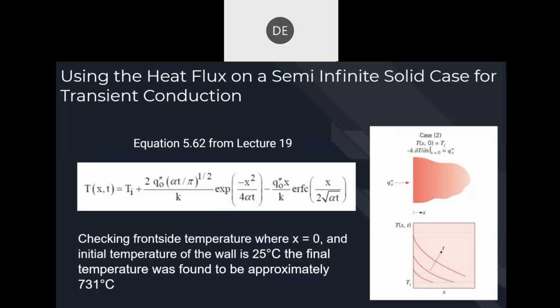Checking for the front side temperature, x becomes 0, so this simplifies the equation down, and we found after the simplification that the approximate front side temperature was 731 degrees Celsius. And here is a picture on the right of this case 2 using heat flux on a semi-infinite surface, just to note.